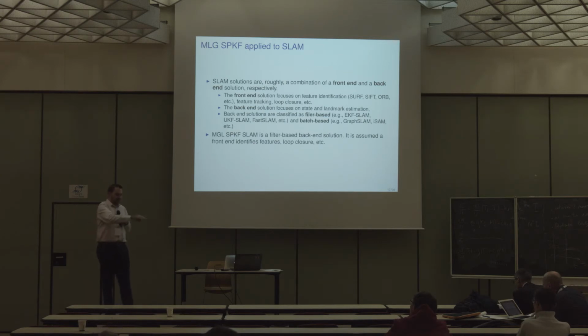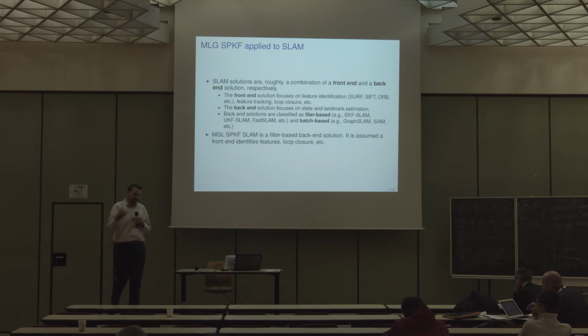We want to figure out where the landmarks are, so where all these chairs are or where the walls are, and actually estimate not only where the chairs and the walls and the pillars are, but also the position and orientation of the vehicle relative to that set of landmarks we are trying to estimate as well. So we're simultaneously localizing, so where's the vehicle, the position and attitude of the vehicle relative to the landmarks, and mapping, where are the landmarks relative to each other. That's the simultaneous localization and mapping problem.